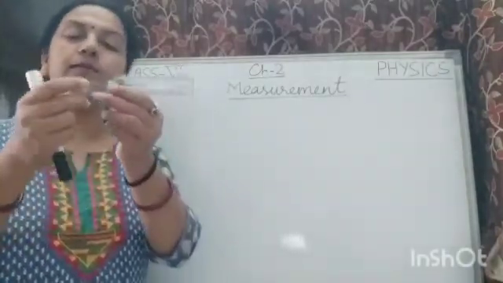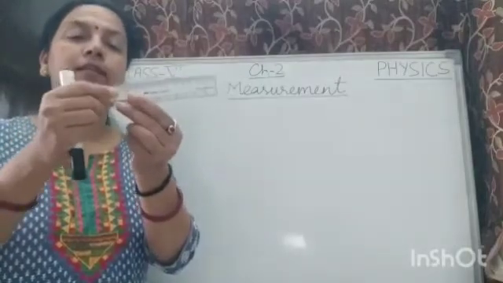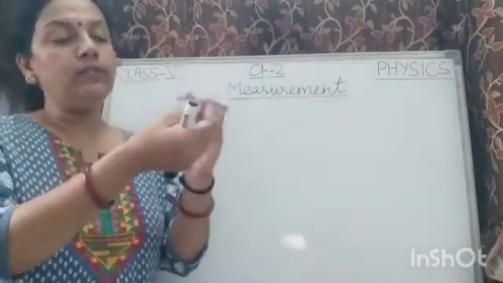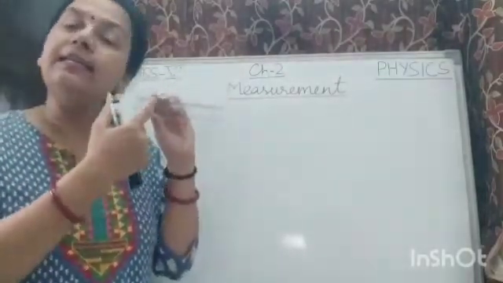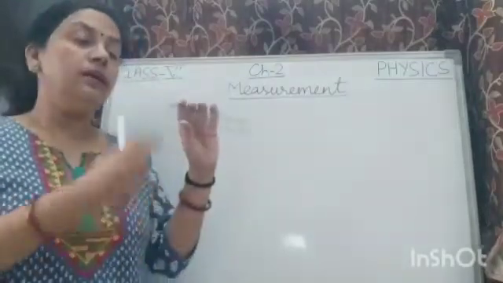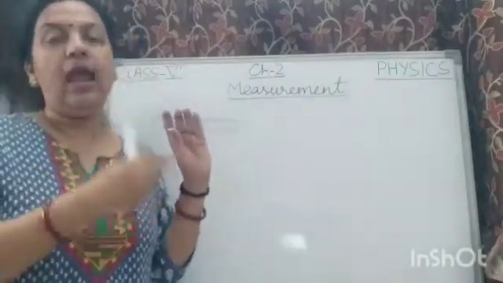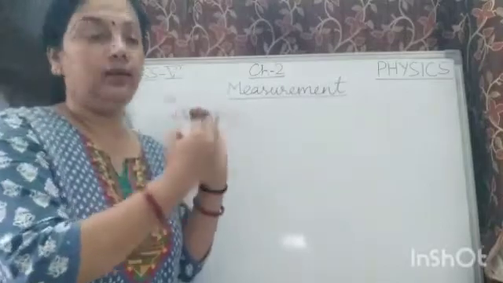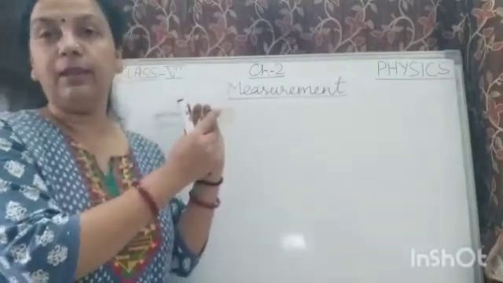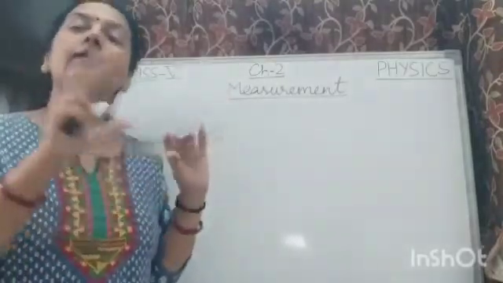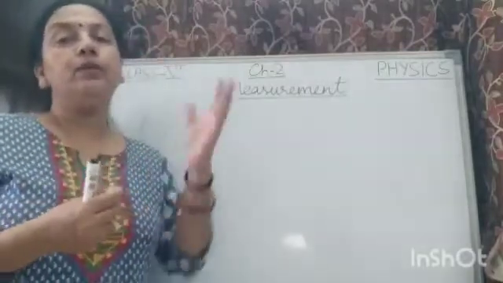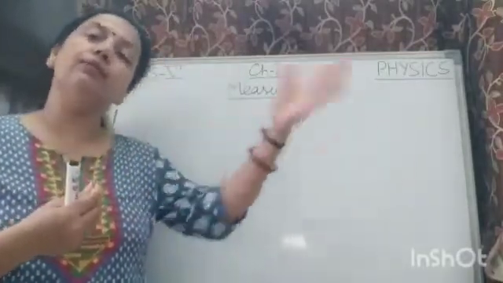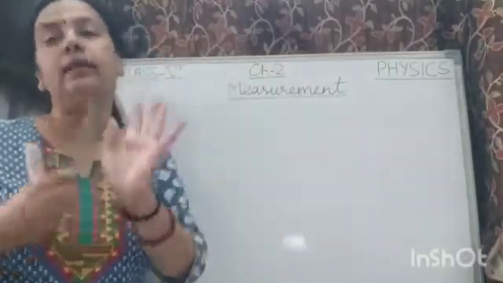If it is broken till here 2.3, then you will coincide the 3 centimeter line with the left side of the object, and then you will take the measurement and read the scale, and whatever reading comes, you will subtract 3 centimeter from that reading and you will get the correct answer.